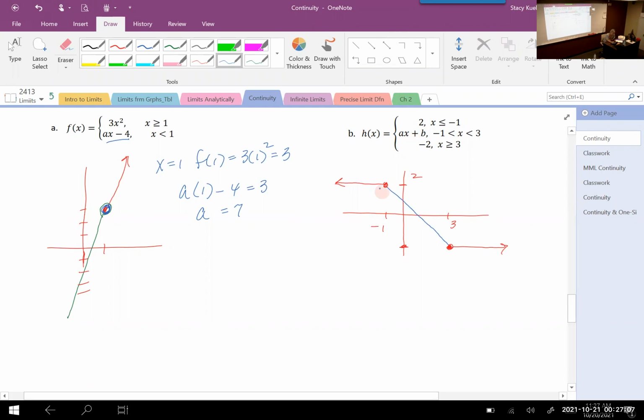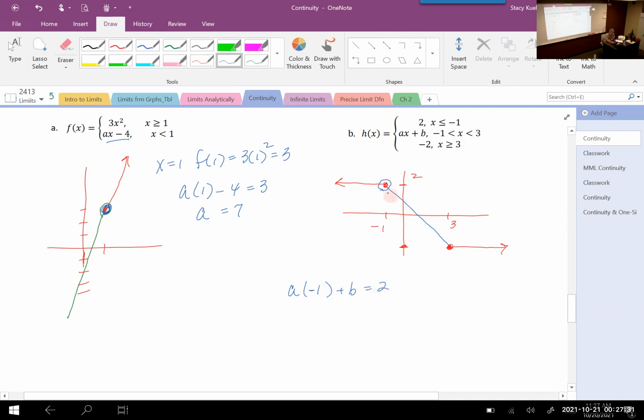So if we start here with this equation, we use the same idea that when x is equal to -1, the function is equal to 2. So in other words, I'm going to say a times -1 plus b must be equal to 2.